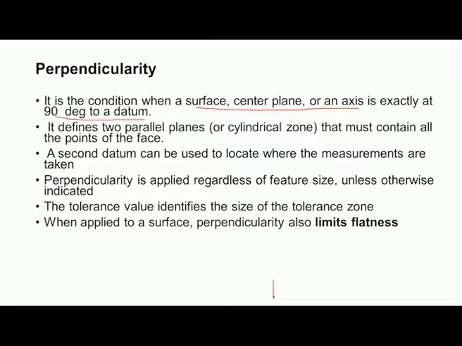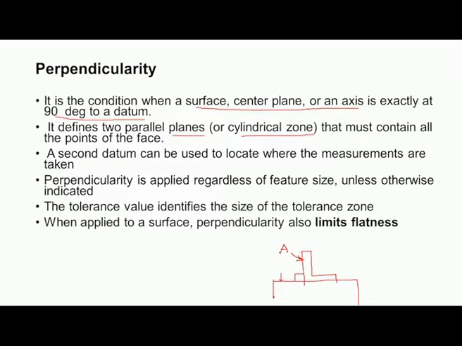That means we should have a datum and say we have some workpiece like this, and if this surface is exactly at 90 degrees, then we say this particular surface A is perpendicular to the datum. It basically defines two parallel planes or a cylindrical zone that must contain all the points of the face.